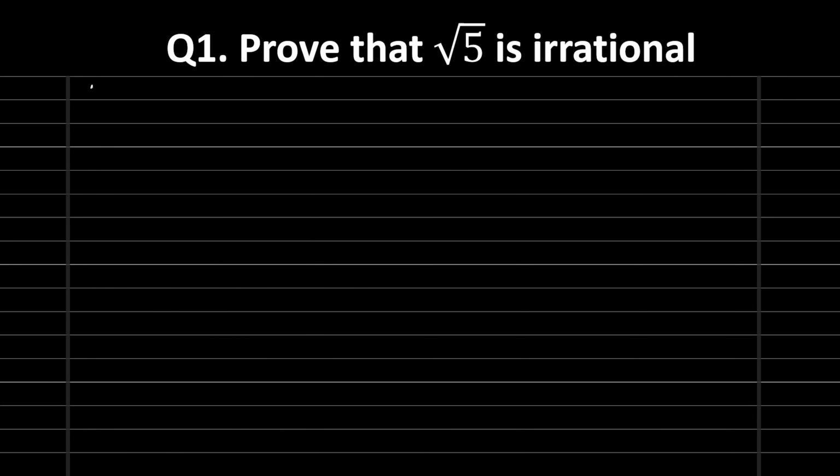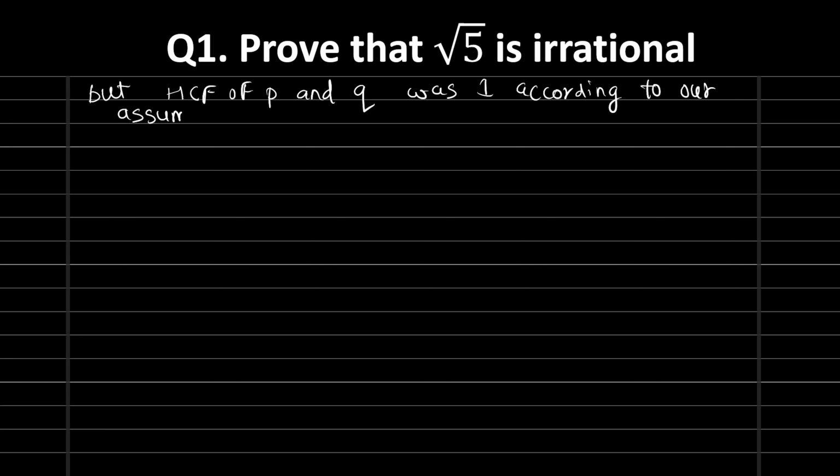So we will write down, but HCF of p and q was 1 according to our assumption. So according to our assumption, HCF of p and q was 1, right? But as a result, we got that HCF of p and q came out to be 5.